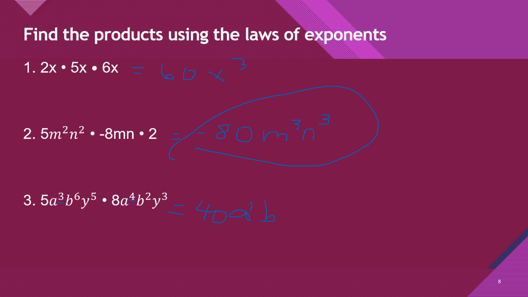So 6 plus 2 is equal to 8. Then for y, we have 5 plus 3 is equal to 8. So the final answer is 40a raised to 7, and then b raised to 8, and y raised to 8. So that's it. Okay?